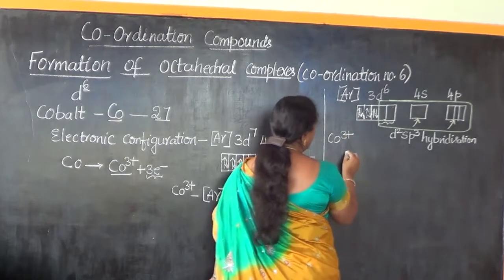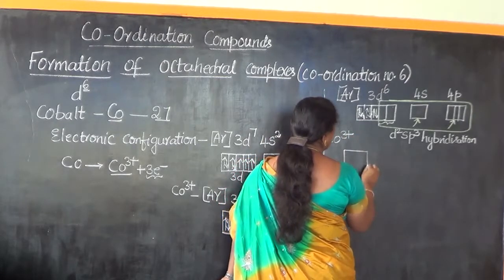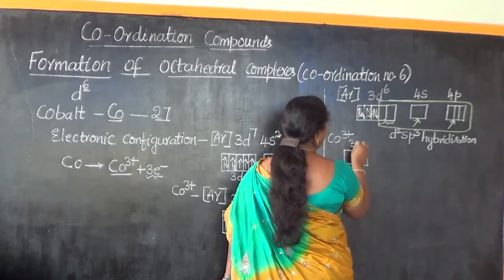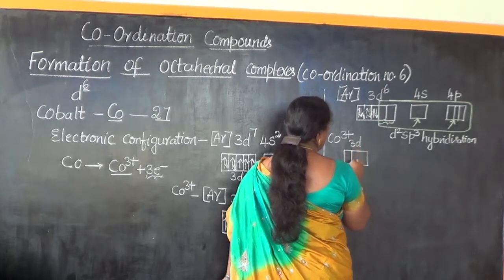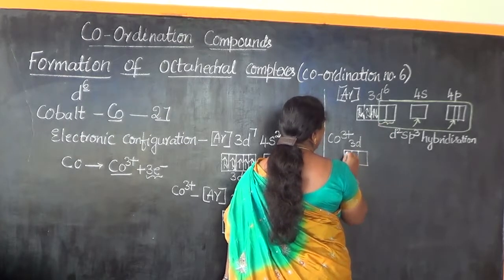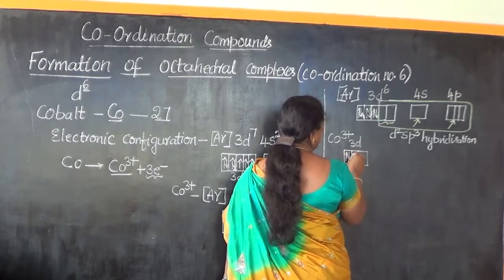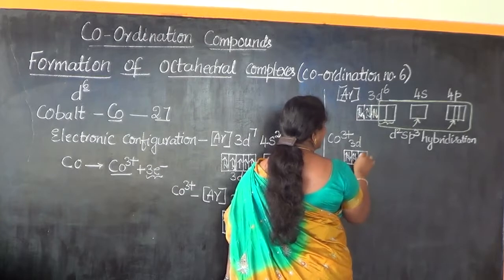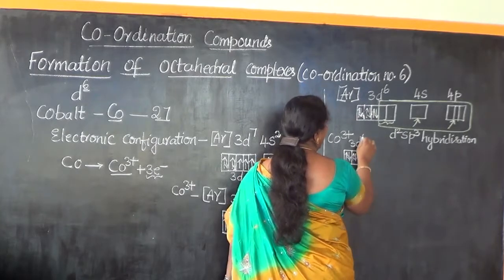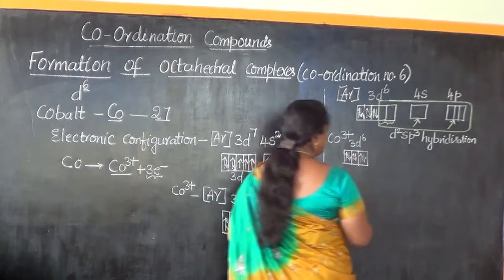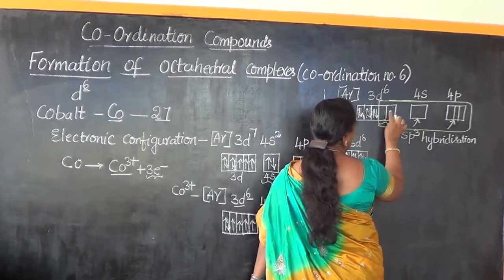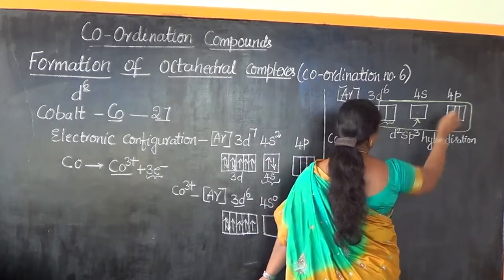Cobalt 3+ ion, what will be the status? These are the orbitals of 3d. These 3 orbitals I am writing contain paired electrons, satisfying the 3d6 condition as it is. And now I write 1, 2, 3, 4, 5, 6.